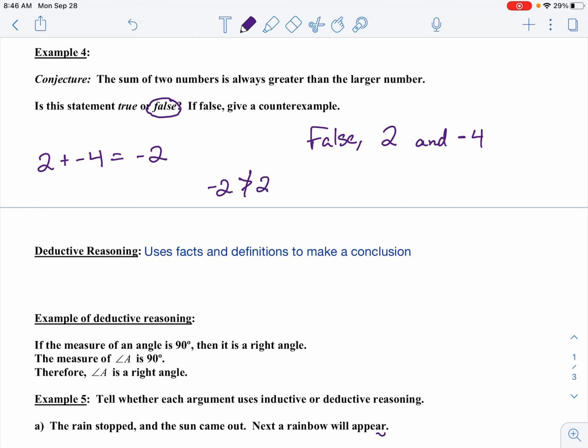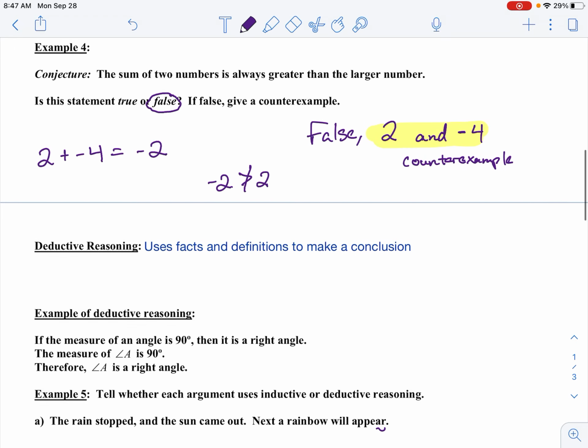This is not true. So a false statement here, 2 and -4, this would be our counterexample. So again, if we're ever going to say that a statement is false, we will give a counterexample. Our counterexample, 2 and -4, gives a sum of -2, which is not greater than 2. So this gives us a false statement.